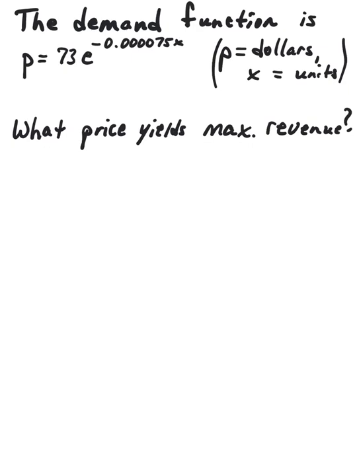We're given a demand function, p. Revenue is x times p. And so that's going to be x times 73 e to the negative 0.4025x.